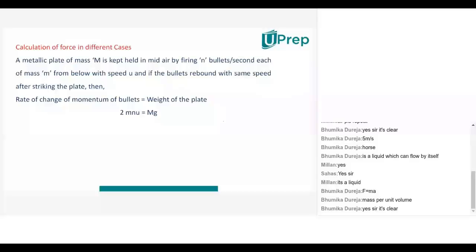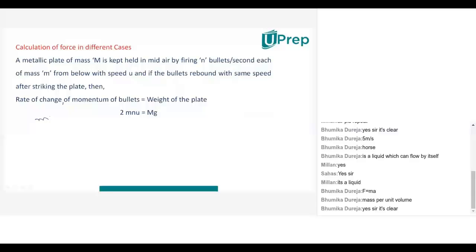And generally tell me, what do you mean by momentum, Arnav? Mass into velocity. Very good, mass into velocity. And what is the mass of each bullet? Not given, sir. Given, no? Small m is given. Yes, sir. Okay.